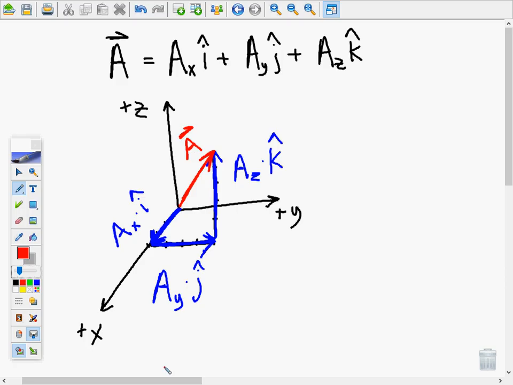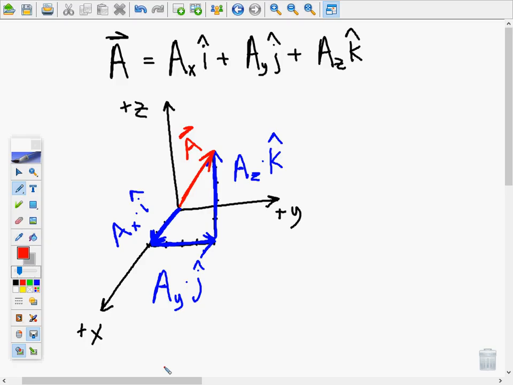Now, it's hard to draw these because they're three-dimensional, and we're drawing a three-dimensional situation on a two-dimensional paper or screen. What you need to realize is if you had a ruler and you measured the length of vector A x or A y or A z, the length of the arrow used to represent the vector A, the whole thing, should be the longest.